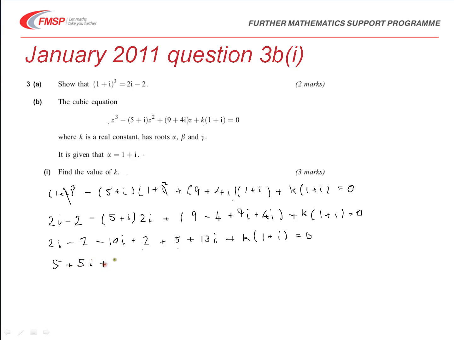And then we've got k times 1 plus i. And from that we should be able to see that the value of k that makes this 0 must be negative 5.